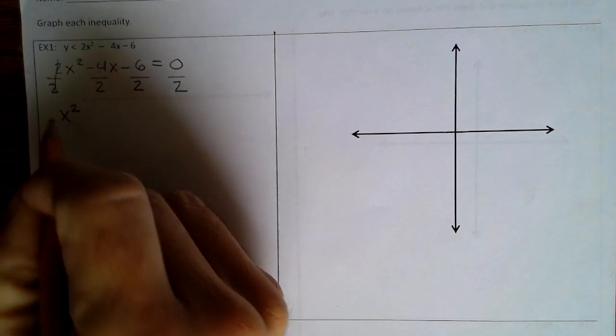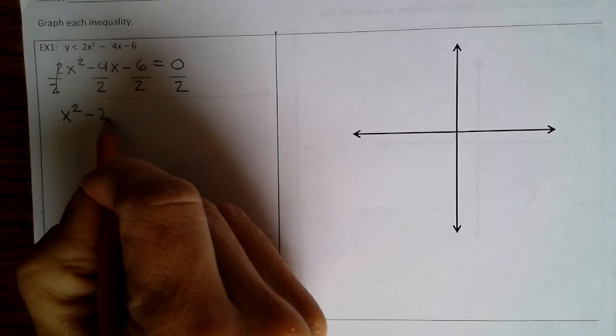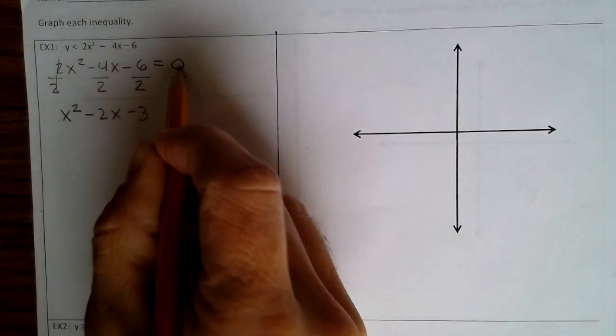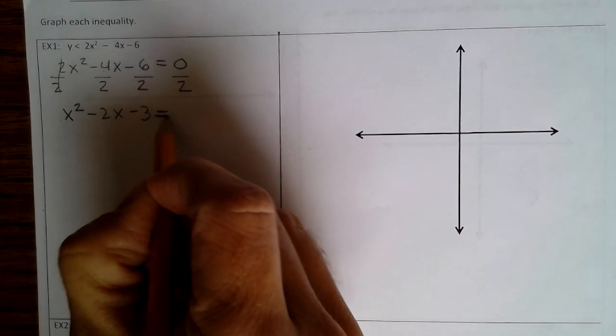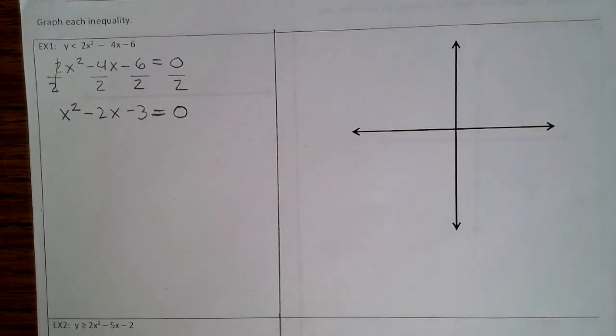We don't have to put the 1, we just say x squared. Negative 4x divided by 2 is minus 2x. Negative 6 divided by 2 is minus 3, and then 0 divided by 2 is 0. Now, to solve this, we're going to factor using the reverse box method.